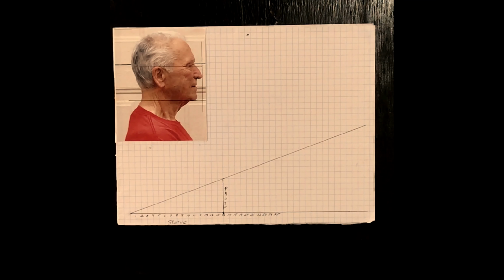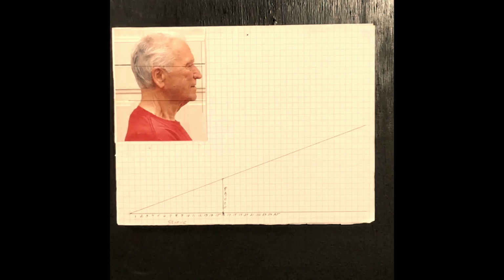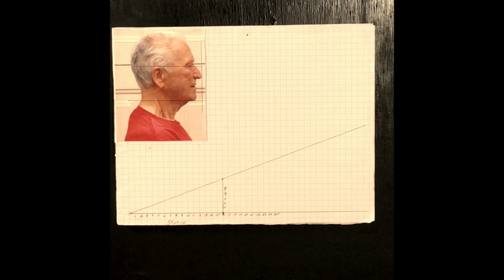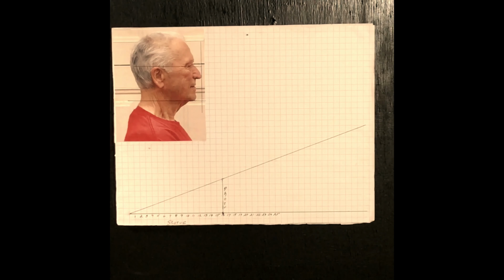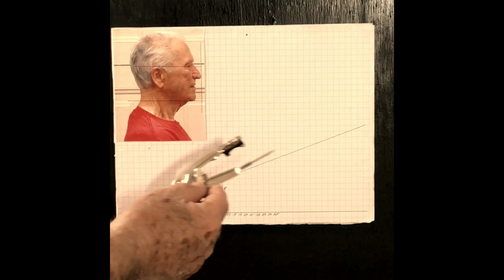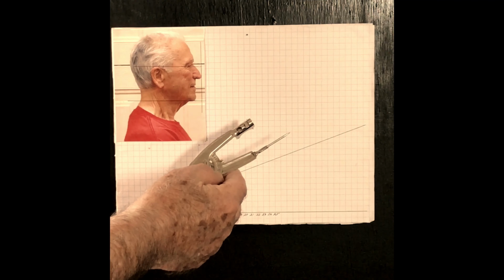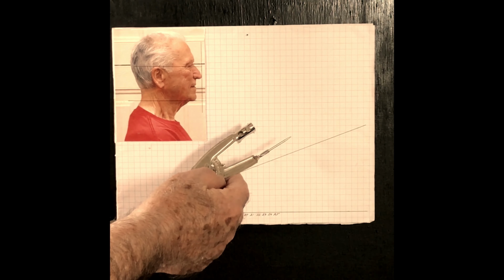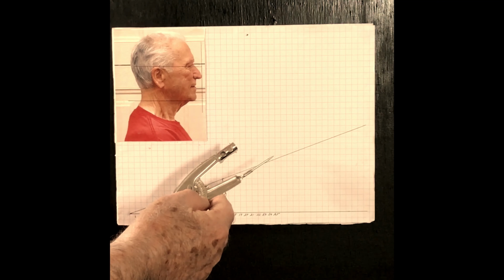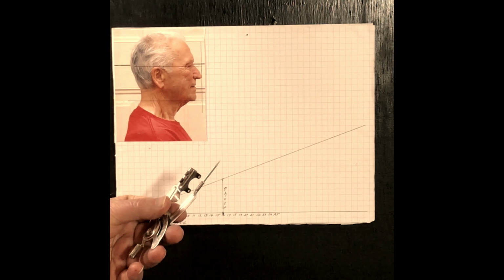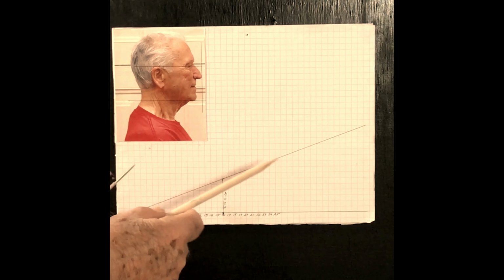So, what to do? To answer this, I must introduce you to another kind of compass, which I'm going to call the sliding caliper. That's a pretty pretentious name that I've assigned to a humble compass. This one comes from the stationery section of my local drugstore. Instead of a pencil, I have added a 5/16" dowel, which I have sharpened to a point and which I have been using as a pointer throughout this demonstration.